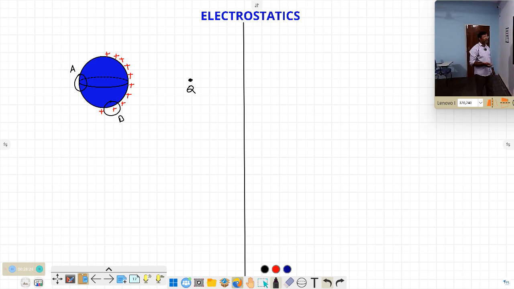Due to the charge, the near end will have negative charge and the opposite end will have positive charge accumulated. Yes or no? This is the point where you will get opposite charge. If the charge Q is positive, then all the negative charges will be accumulated here. This end has negative charges, and similar charges, that is like charges, will be accumulated in the other end. So this is the way.